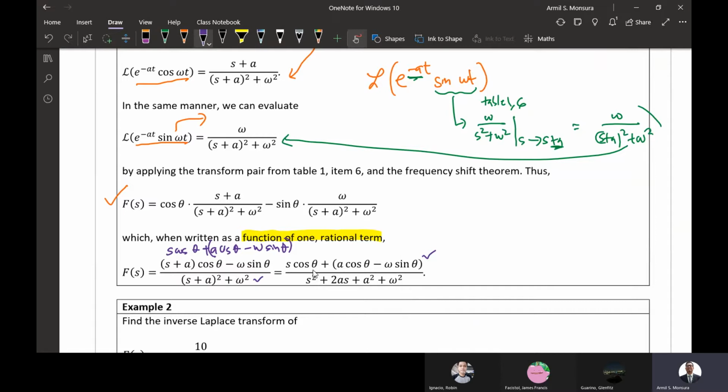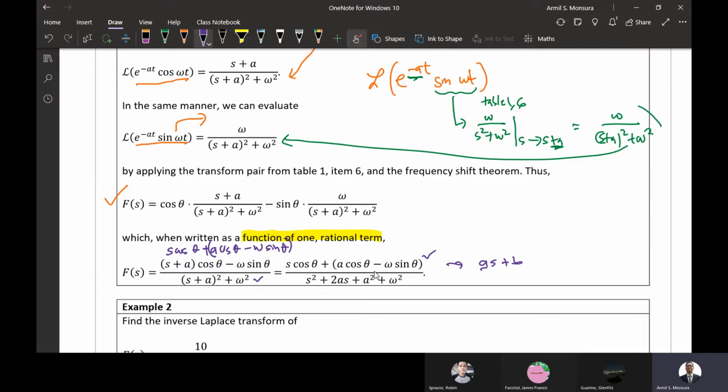So parang naka-polynomial form ngayon itong numerator niyo. AS plus B. Okay, constant, ito, cosine theta times S plus B. Isang constant. Okay. So, yan yung gusto nating mangyari sa function natin, no?